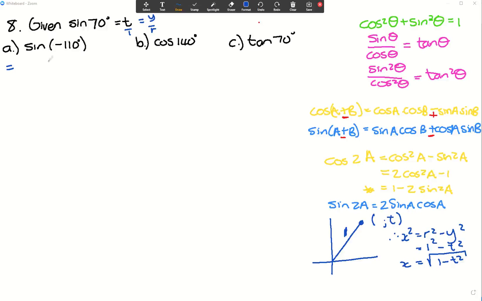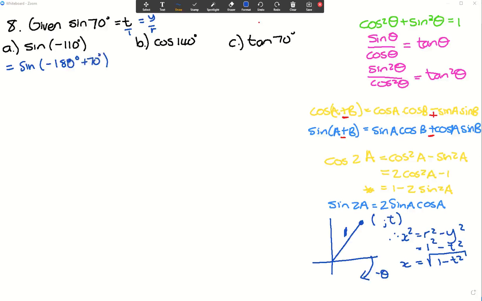So this ends up being your negative angle. We know that the negative angles go around this way, the minus way. So I could rewrite this as sine of minus 180 degrees, and if I add 70 to it, that would take me to negative 110.